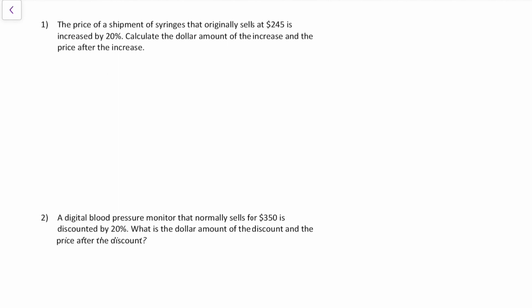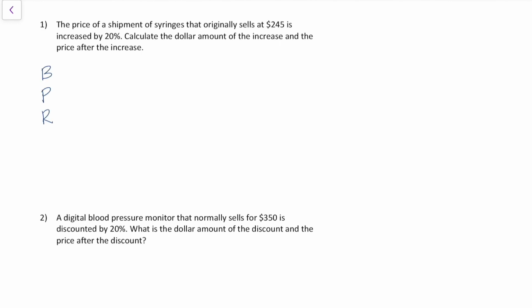The process for solving is still base portion rate, but what makes these questions a little bit trickier is that our rate isn't always something that's given to us right away. It's not always as obvious as it was in some of the previous questions. So in this case, it's saying it originally sells at $245. So we know that is our base.